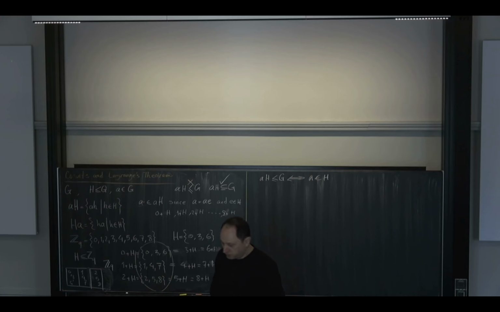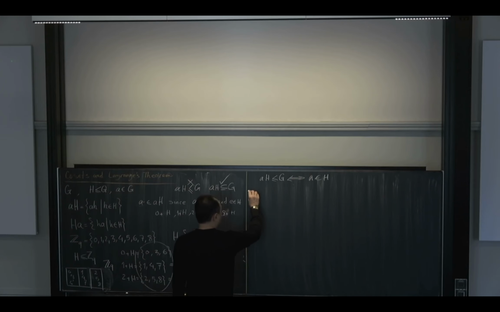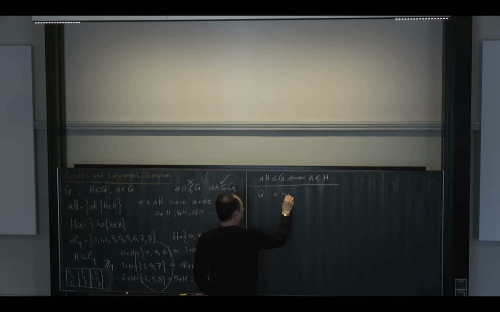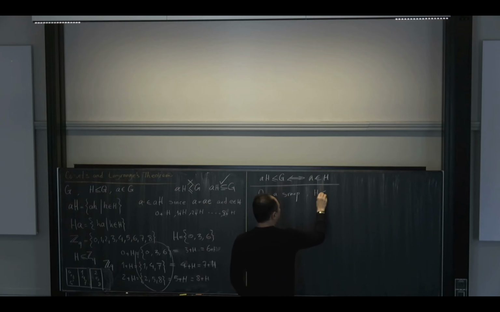So let me explain it here for you. So here, G is a group. H is a subgroup.